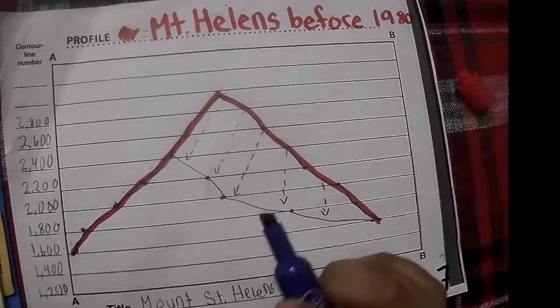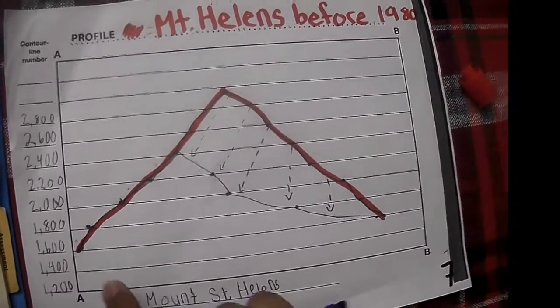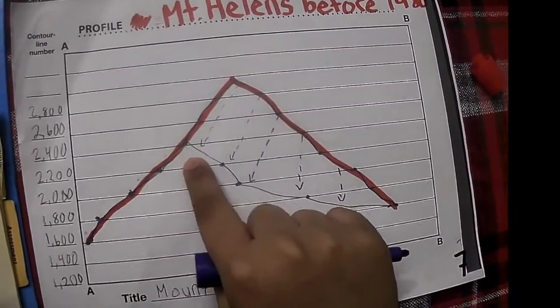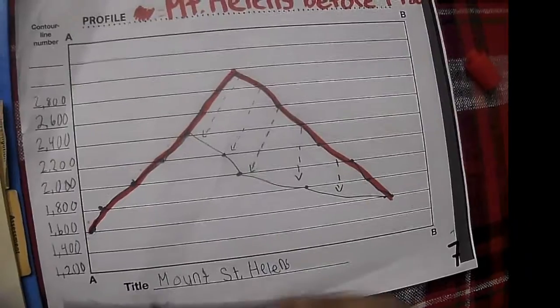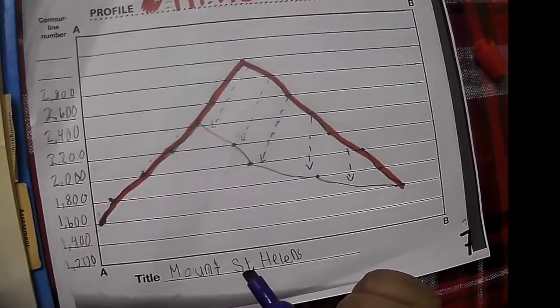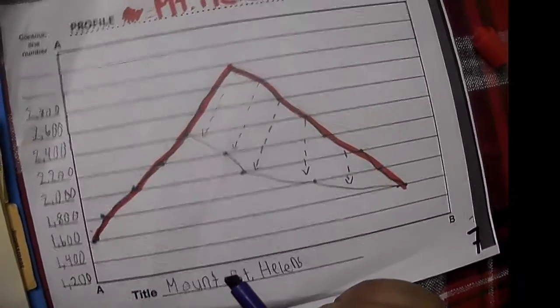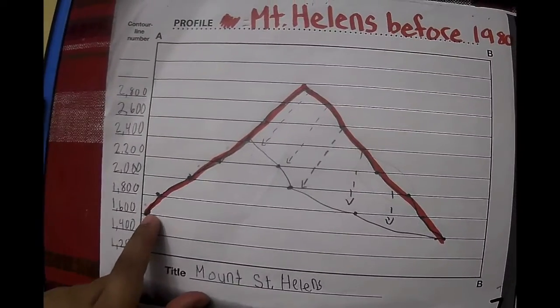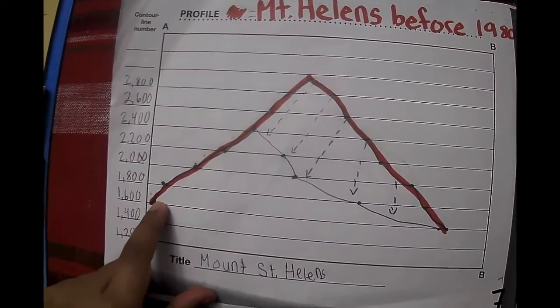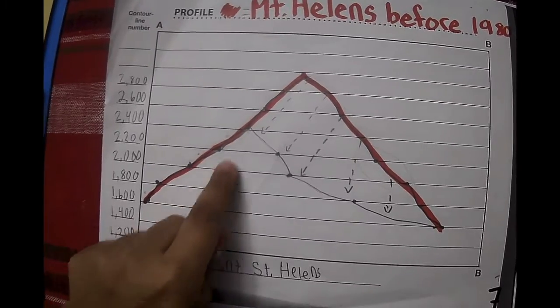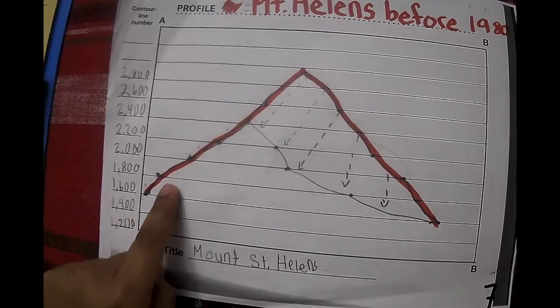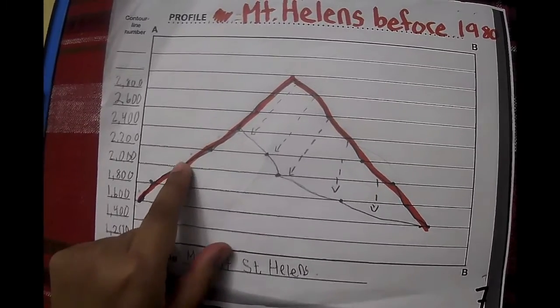And we are going to trace the line of Mount St. Helens after its eruption in 1980. Now, what was interesting about Mount St. Helens after its eruption in 1980 is that the profile, or the way the mountain was set up on this side, the letter A, that is the south side, stayed completely the same.